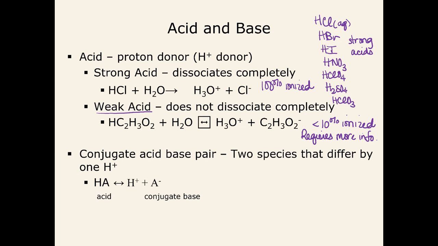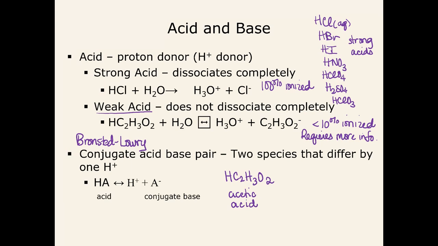Okay, so I really need you guys to remember some important definitions. And the Bronsted-Lowry definition is one that we are going to use. And that is the conjugate acid base pair definition. So we're going to have HC2H3O2. That's our acetic acid. Do you remember that one?